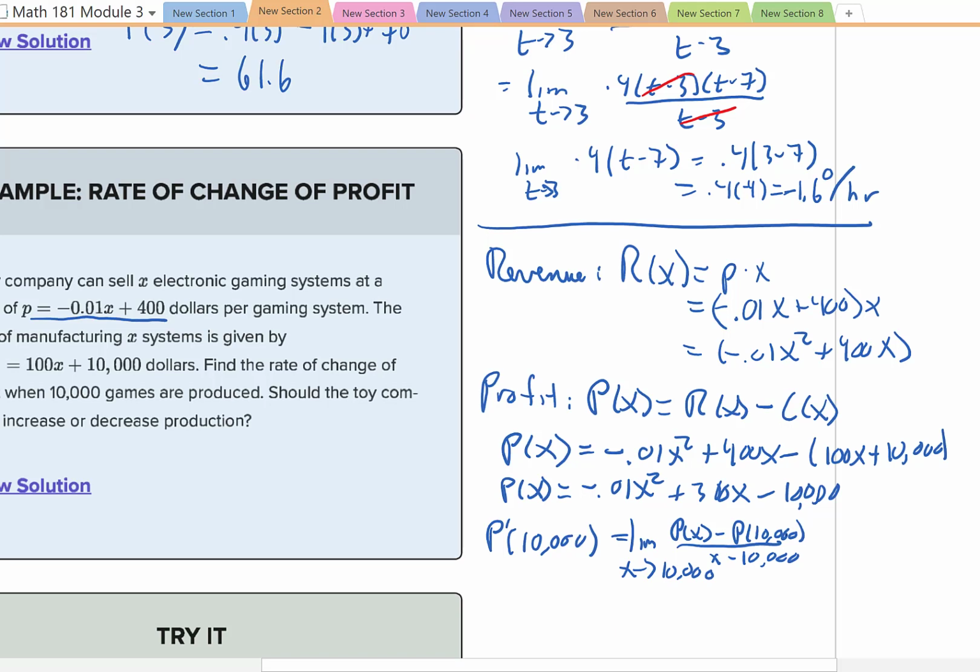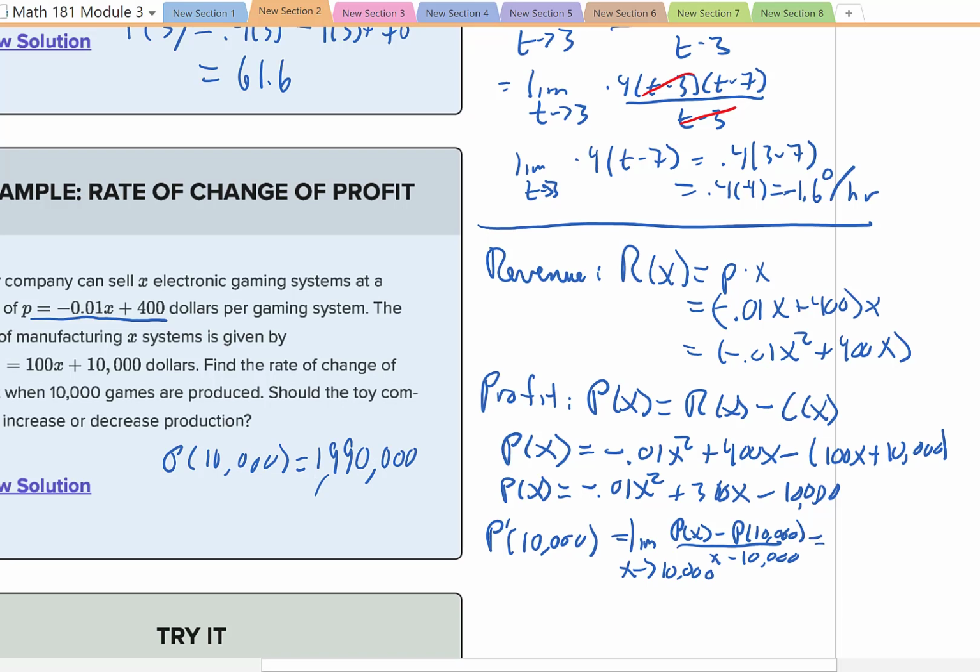So, by the way, our P of 10,000, I just plugged in the calculator, I got 1,990,000.